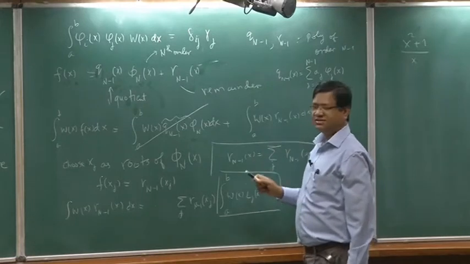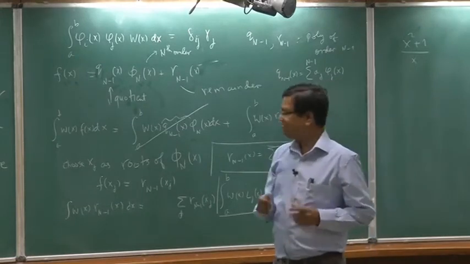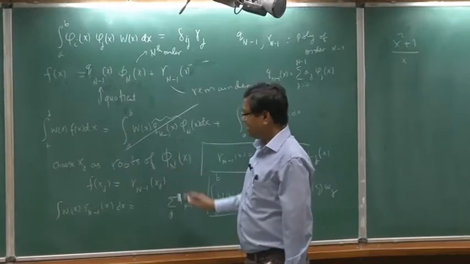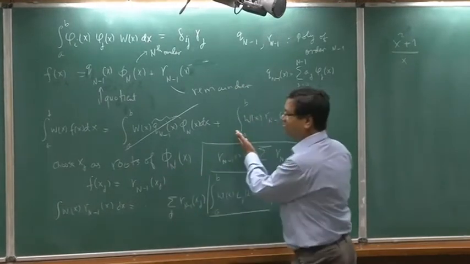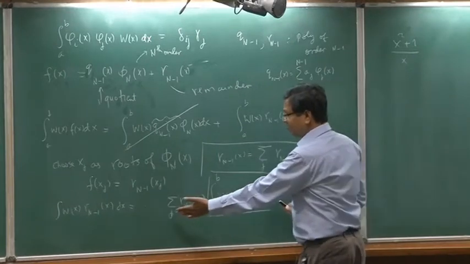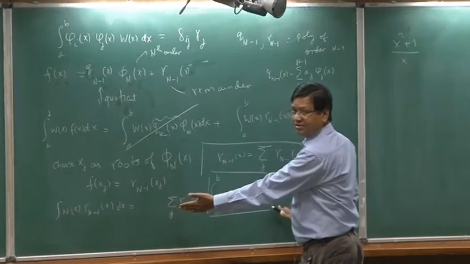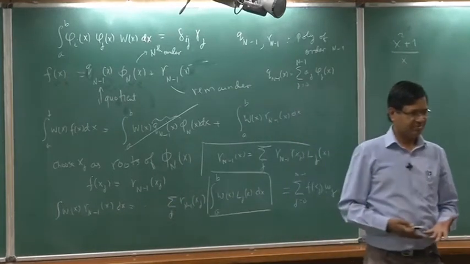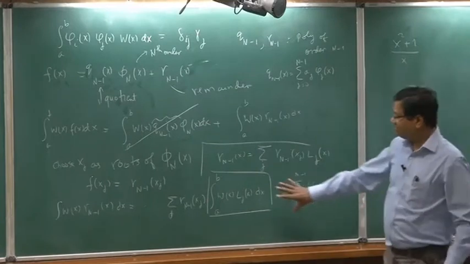Now choose x_j's as the roots of phi_N(x), and then this integral, this is what we want, because this is the answer, right. This integral will come out to be this, and this is my function value at x_j's, and this is my weight.